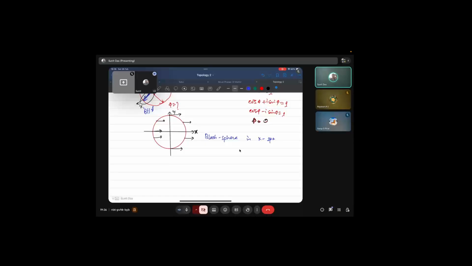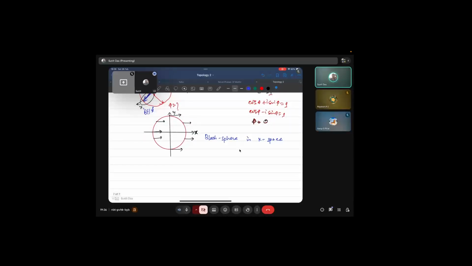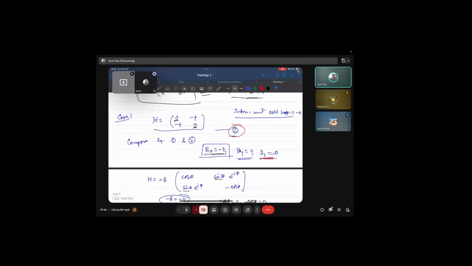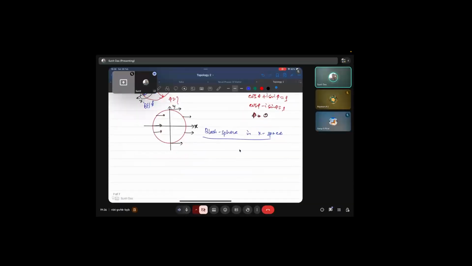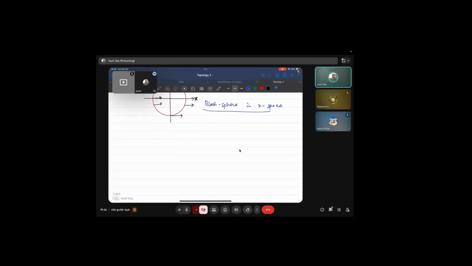Remember we are in case 1, and it doesn't depend on which K you are at. Even though we are saying Bloch sphere in the K space, your Hamiltonian is essentially independent of K. So let me write and then explain. The ground state essentially means energy equal to minus t.